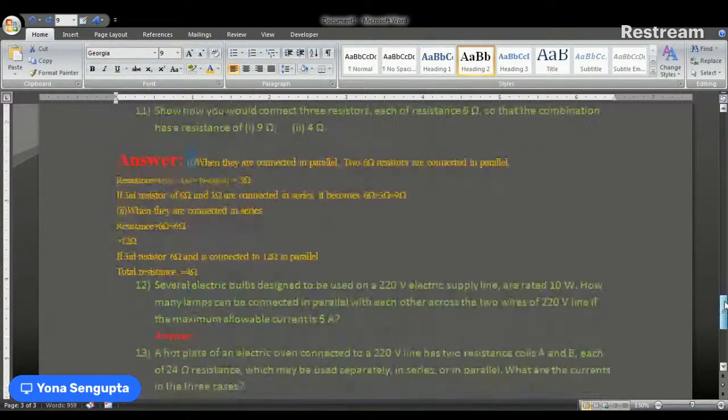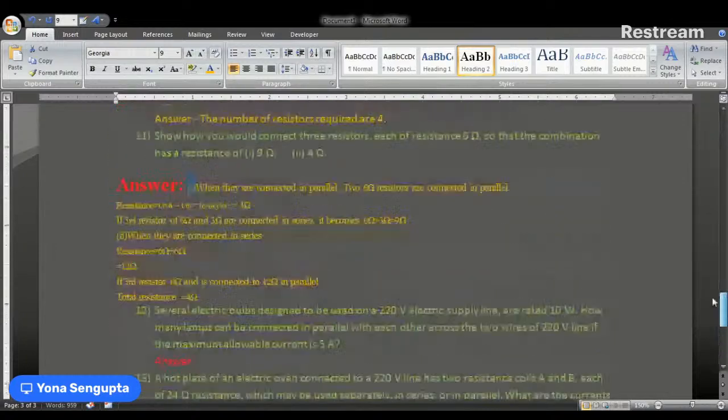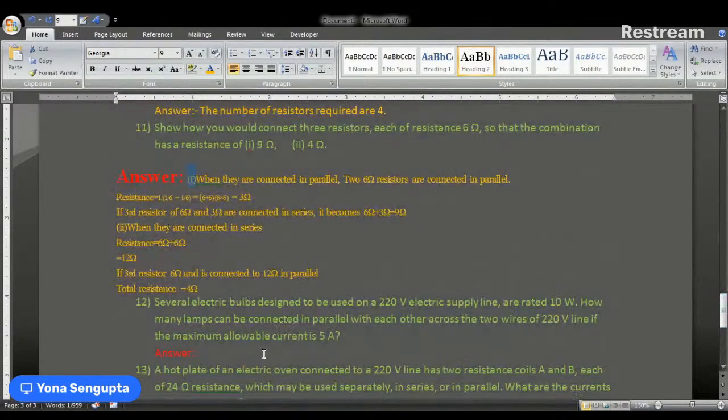Okay, now let's move on to the next question, number 12, which says several electric bulbs are designed to be used on a 220 volt electric supply line and are rated 10 watt.